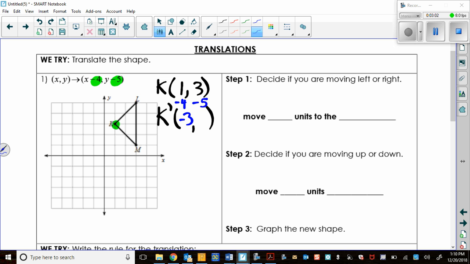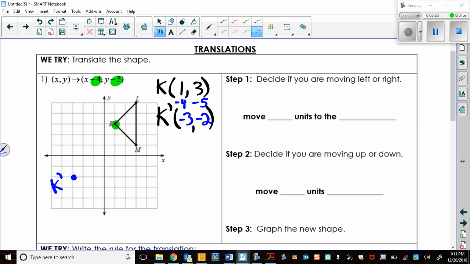So I'm really going to be doing 3 minus 5 to get my new y value. And that is going to be the new ordered pair for K. So I'm going to go ahead and graph that. I'm going to go negative 1, 2, 3, and then negative 2. So this is K prime.